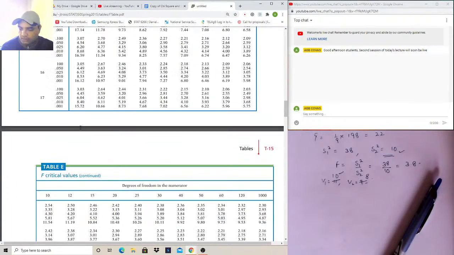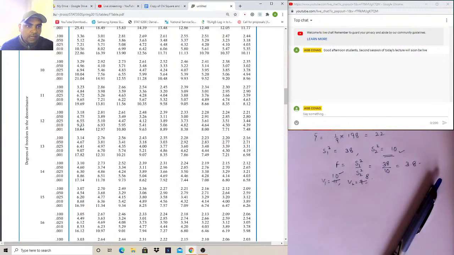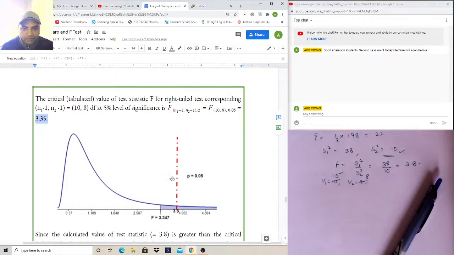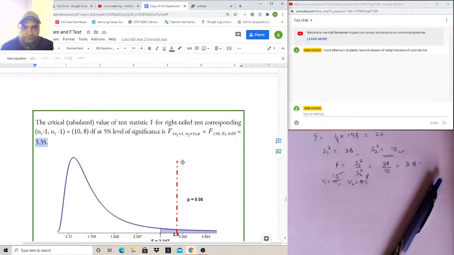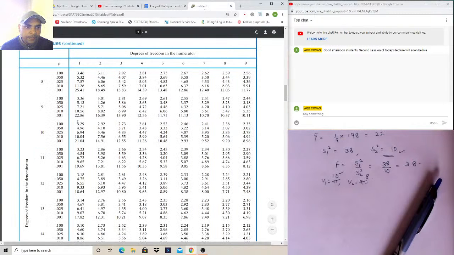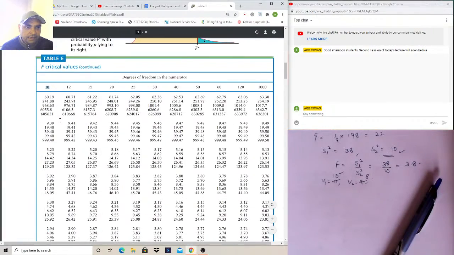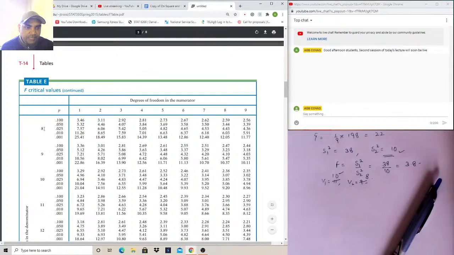Yes, so I am looking at the 5% level of significance, with 10 and 8. On the upper side it will be 10, and on the lower side it should be 8.